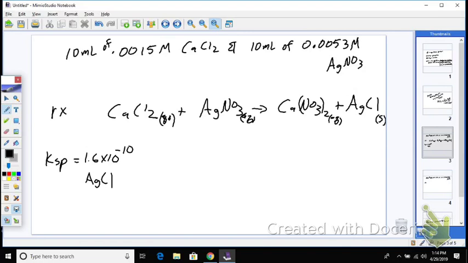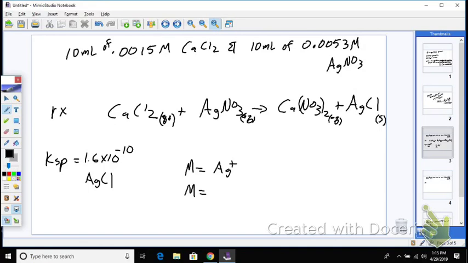So we've got to find the molarity of what two ions? Ag ions, and we've got to find the molarity of what other ions?